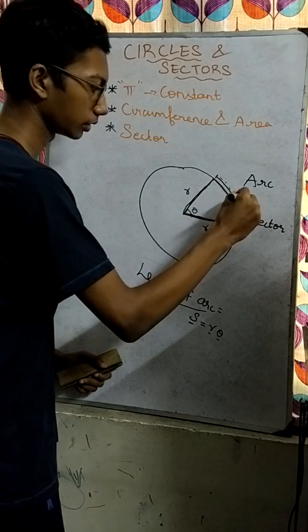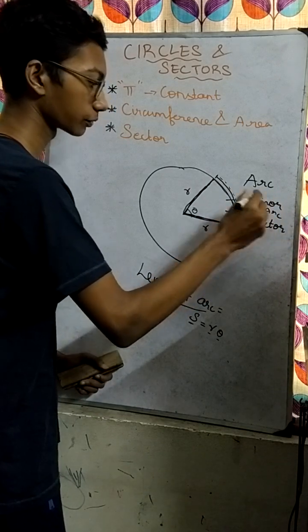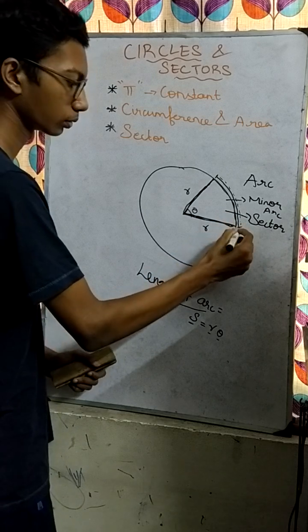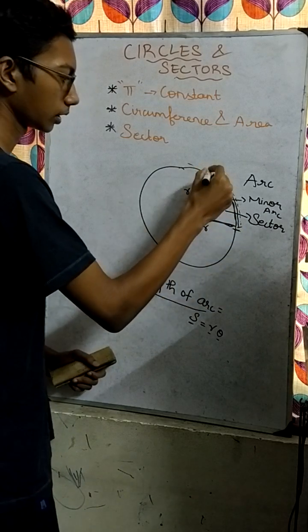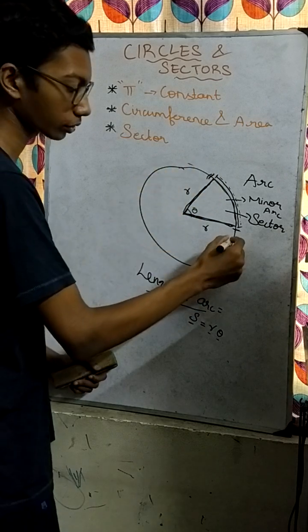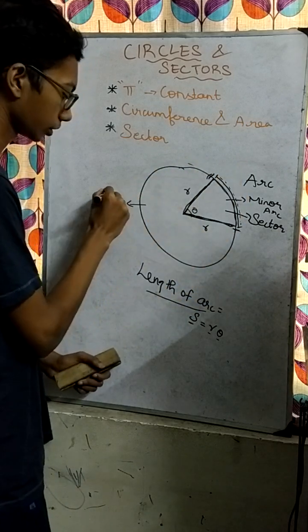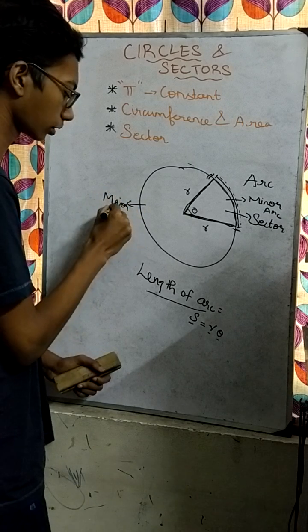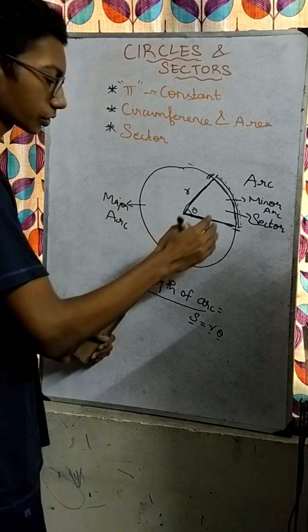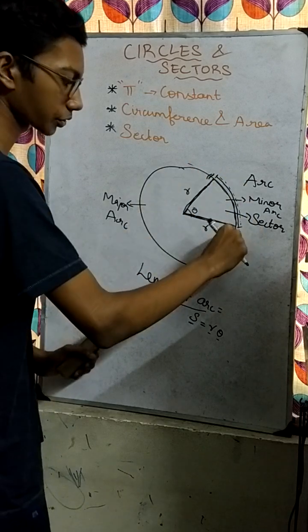This is called the minor arc because it is of smaller size compared to this major arc. We have also created this arc along with this arc. So this arc is called the major arc because it is of larger distance. So this is the minor arc and this is the major arc.